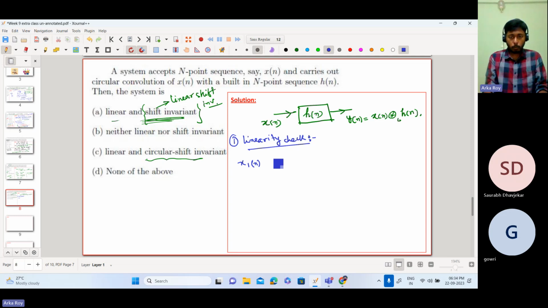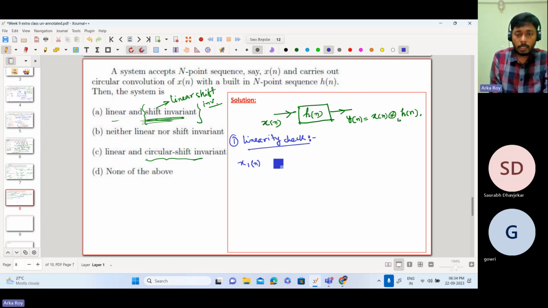Then we'll check the output. Then we'll take a combination of these inputs, for example c1x1 and c2x2, and feed it to the system. Then we'll check whether the output of the system obeys the superposition theorem or not. If it obeys, then we can say that the system is linear. And if the system doesn't obey the superposition theorem, then we can comment that the system is not linear, it is a non-linear system.